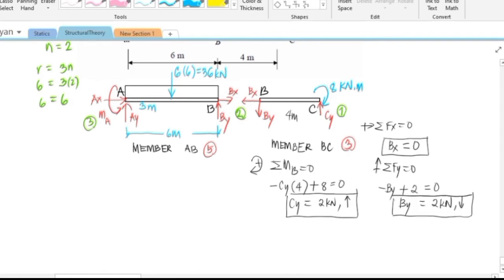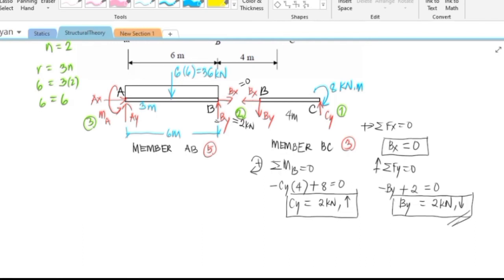Now, since meron na tayong value ng BX at ng BY, so meaning this BX here is also equal to 0 and this BY here is equal to 2 kilonewton. So kung mapapansin natin dito, sa member BC, your BY is directed downward and dito kay member AB, the BY must be directed upward.